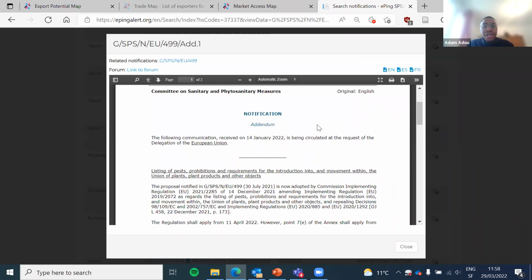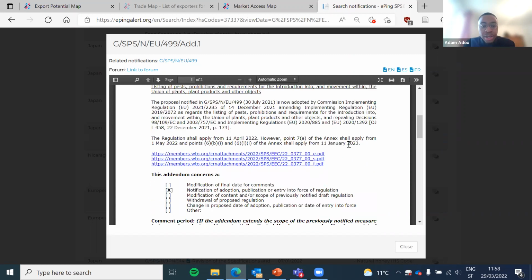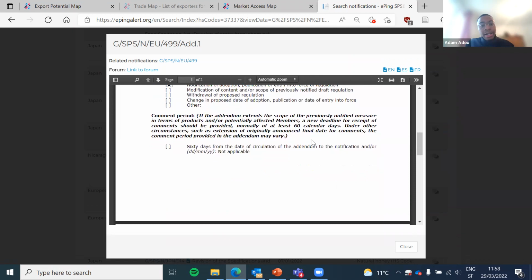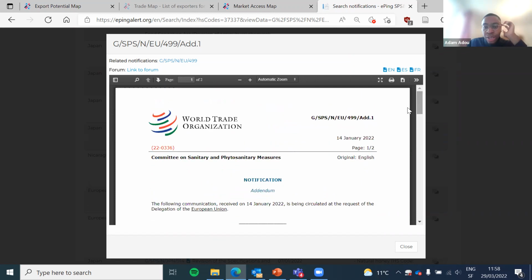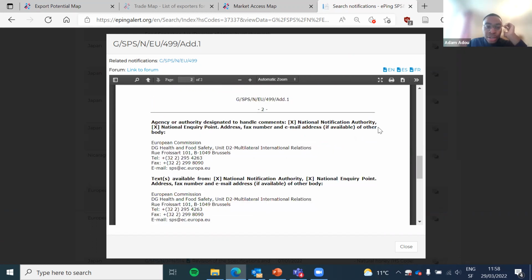Whatever the original language of the notification was, you will have this simple sheet explaining the objectives, the products covered by the notification, the raison d'être, since when the notification has been issued, when the regulation will be enforced, etc. Also, you will have a focal point or institution to contact in order to have more information regarding this regulation.